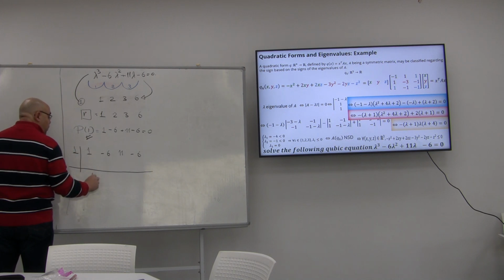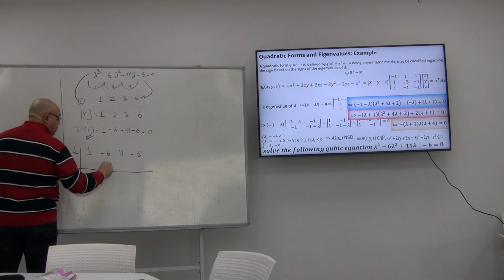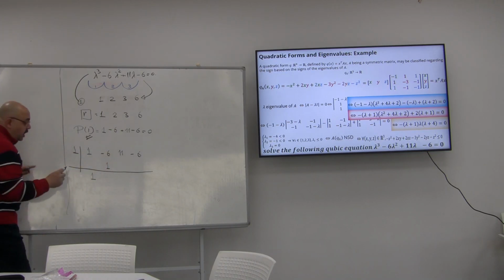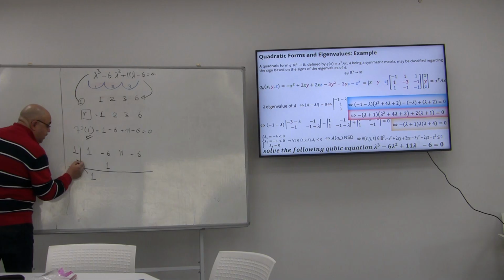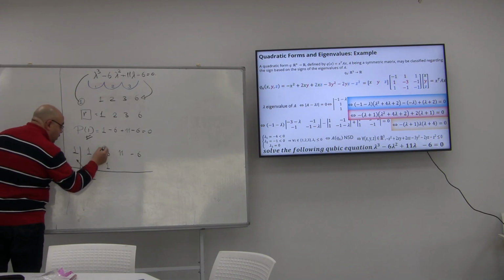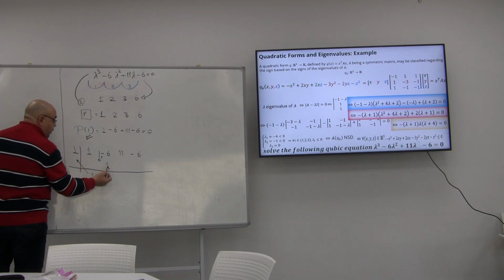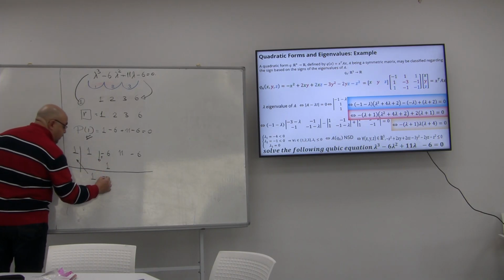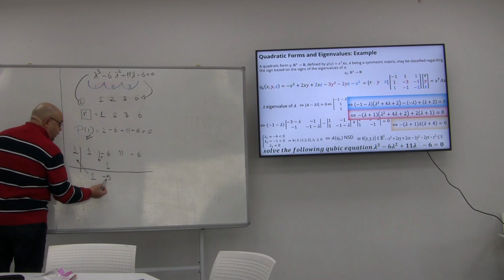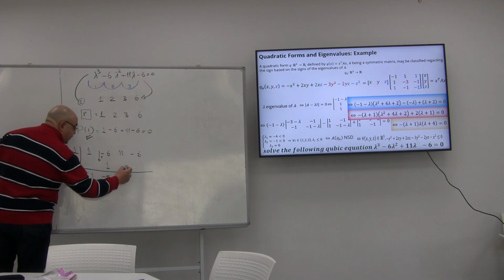So here's 1, 1 times 1 is going to be 1. Remark, I do multiplication diagonally and I do addition vertically. -6 plus 1 is going to come up to -5. -5 times 1 is going to be -5.